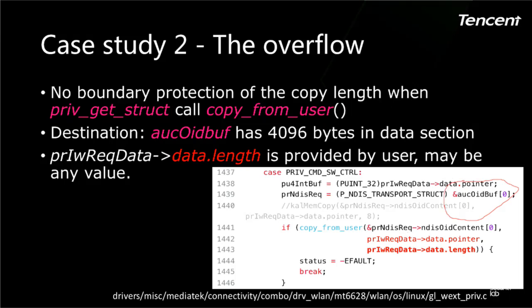It is 4,096 bytes in the data section, and the vulnerable code is shown on the slide, so you can see that the data length is provided by the user and can be any value. In this way, we got a chance to overwrite other variables just behind the AUC OID buff in the data section.